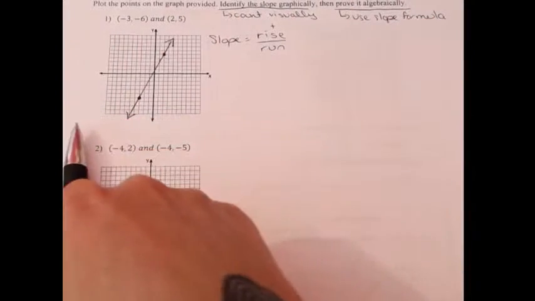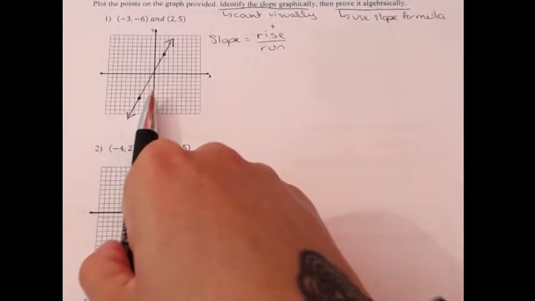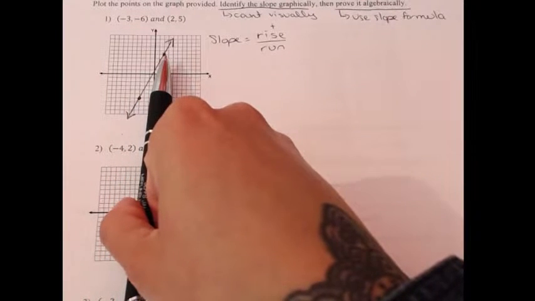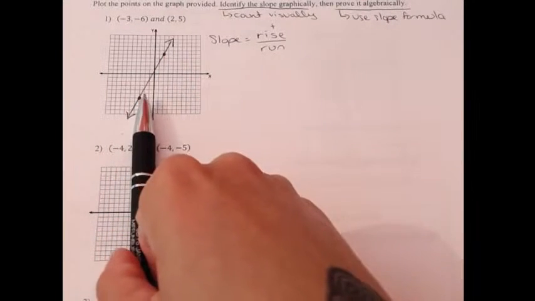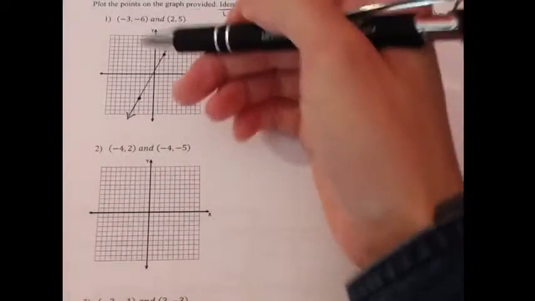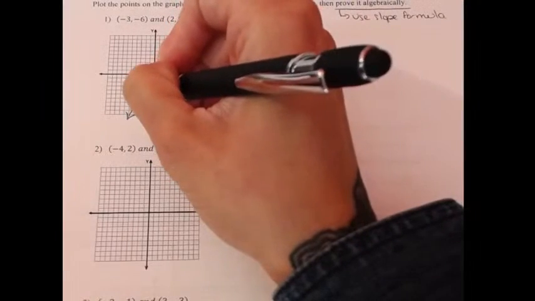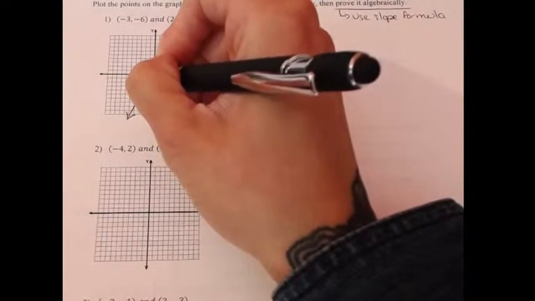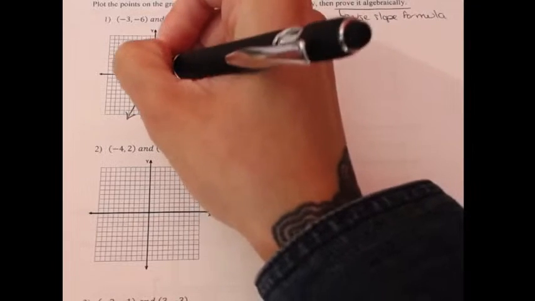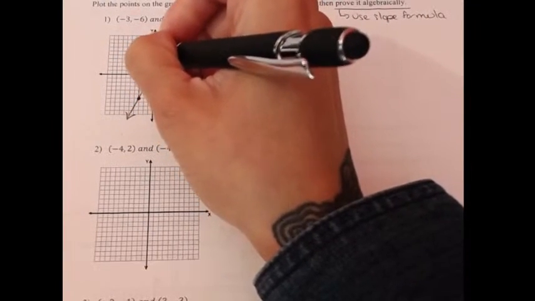So I'm going to go back to that line, and I'm going to say, okay, I want to go from this point to that point, which means I have to rise vertically, then run horizontally. So let's check this out. From my first point here, I've got to rise 1, 2, 3, 4, 5, 6, 7, 8, 9, 10, 11.